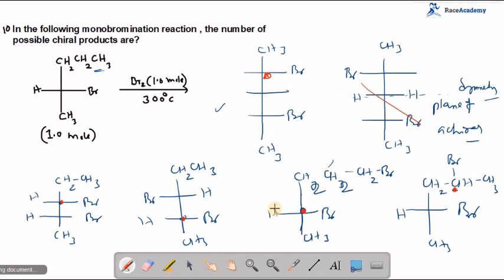So total, what are the possibilities here? We got here 1, here 2, here 3, here 4, here 5. So these are the 5 possibilities for the formation of monobromination isomeric forms. Thank you.